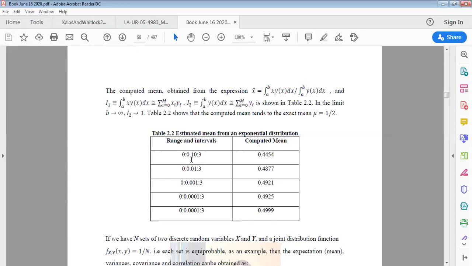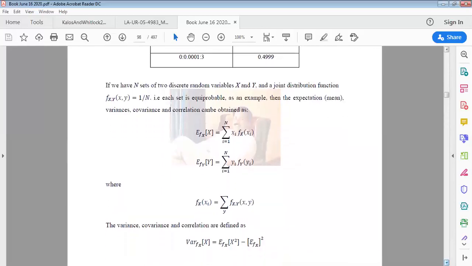Now, if I improve that by going from 0.1 to 0.01, so I take 100 times more values, I get 0.4877, then 0.001 gives 0.4921, and 0.0001 gives... So you see that I'm coming to 0.5.